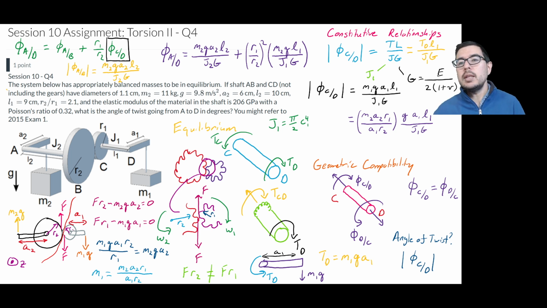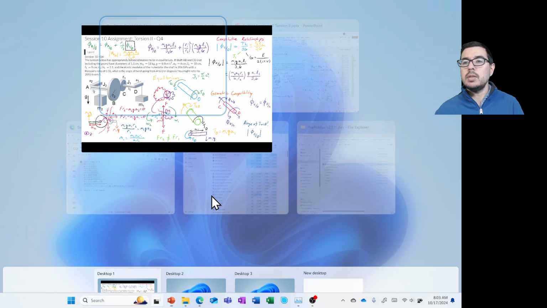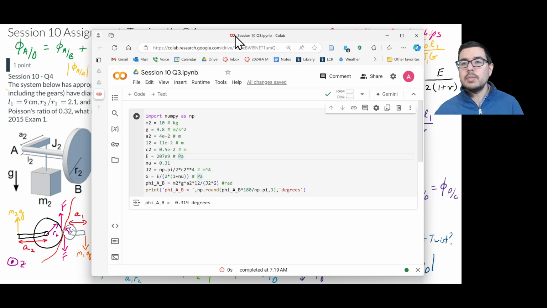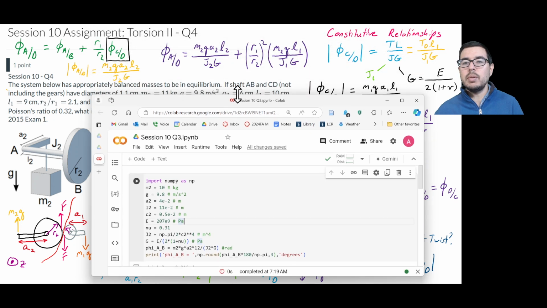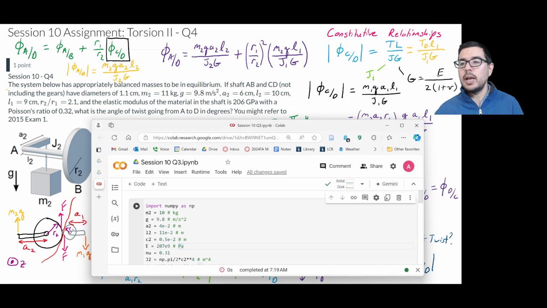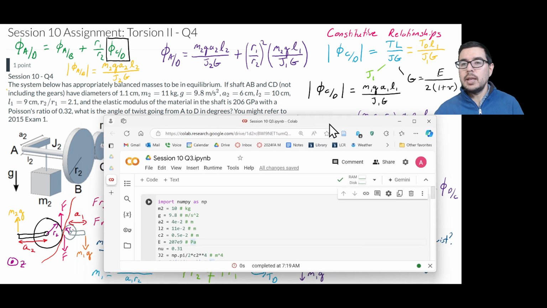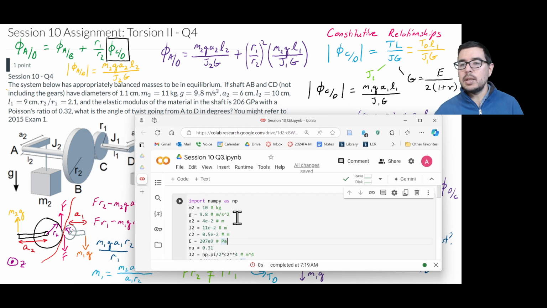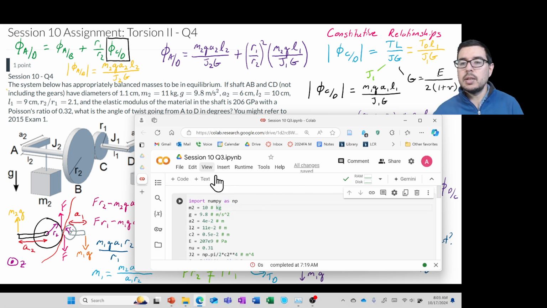Let's go ahead and solve this problem now. We have the equations, but we need a numeric answer. So for that, this is probably a pretty good problem to throw at Colab. Let's plug in some parameters that are of use to us.